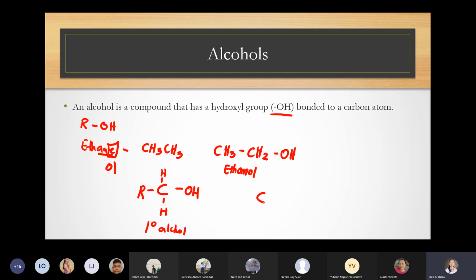Then the second is two alkyl groups bonded, and this would be the secondary, or number two alcohol. And then we have the third, or the tertiary alcohol, which is bonded by three alkyl groups and also a hydroxyl group, or the OH. Nakuha?